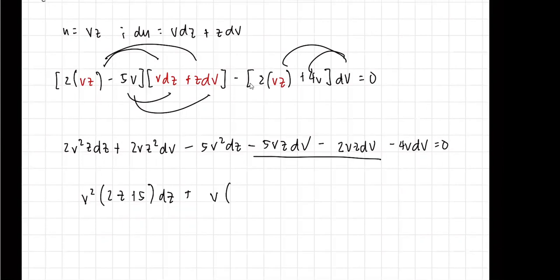So v will be 2z squared tapos minus 7z minus 4 dv is equals to 0. So ito na yung ating separable equation natin. Okay? So ito yung separable equation.